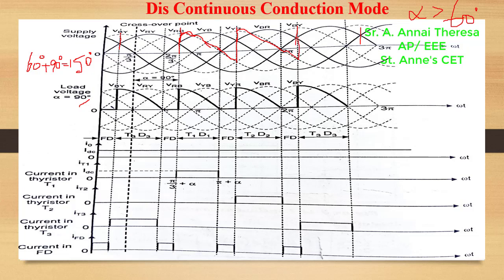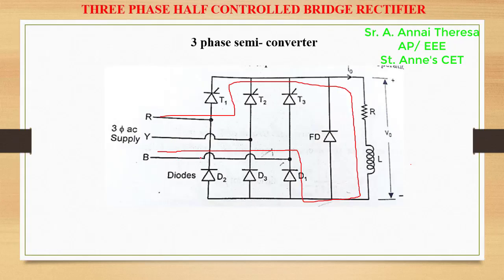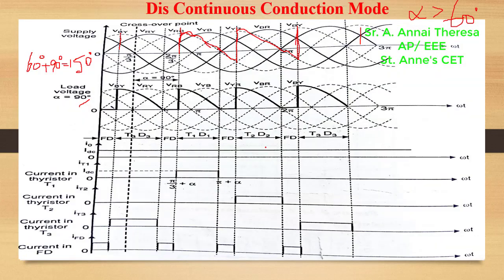Then again here the maximum voltage is VBY. So B means T3. T3 and load, Y is connected with D3, then T3 and D3 are conducting.